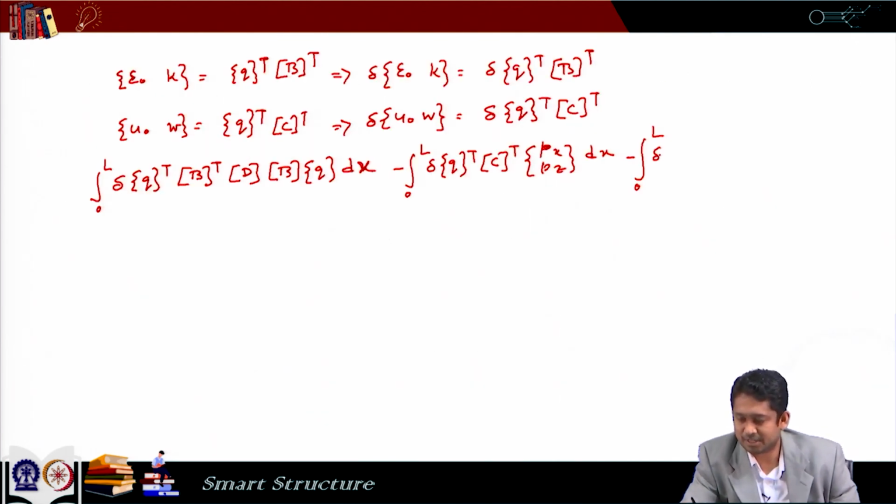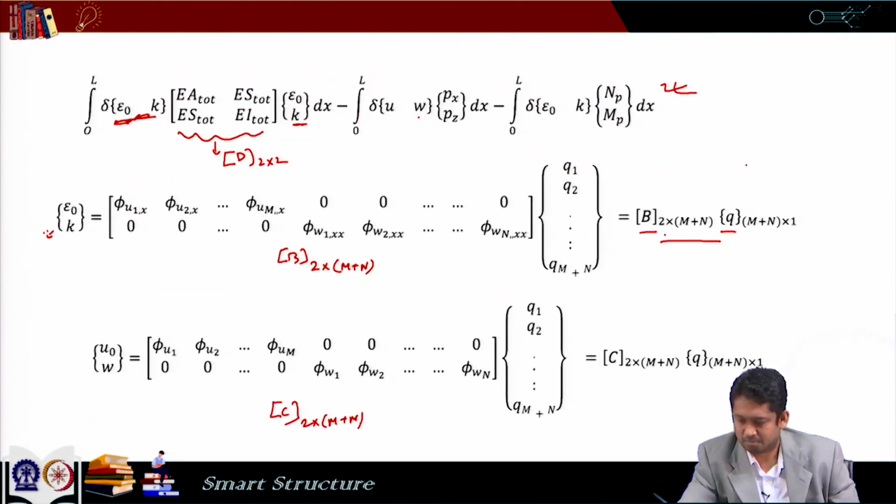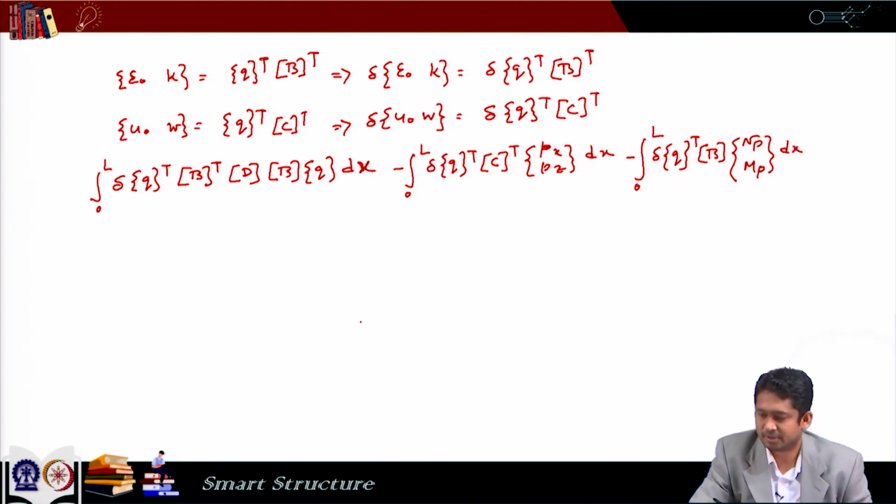So, that can be written as the matrix vector NP and MP, dx. And this is equal to 0.